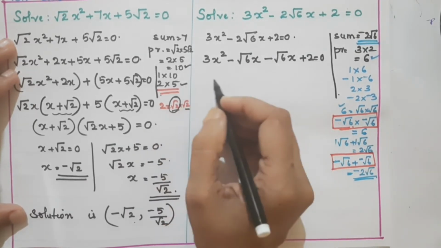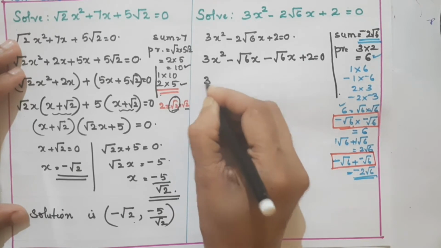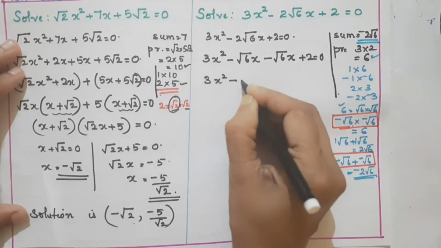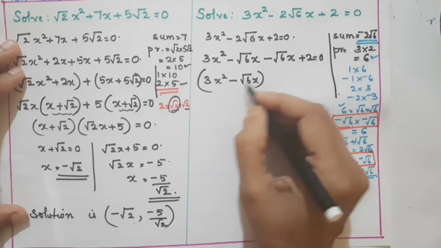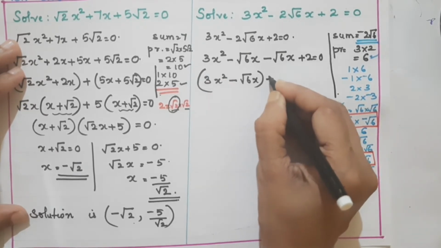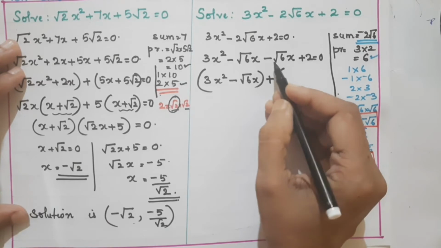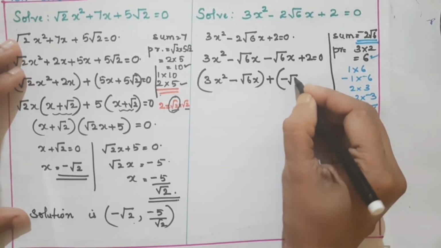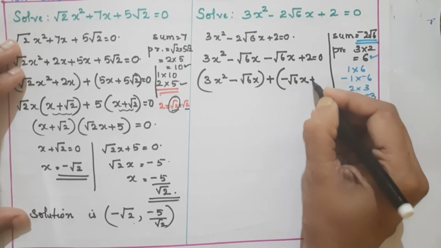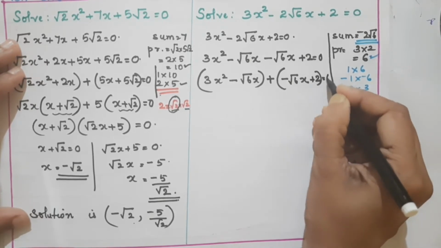Okay, now grouping. 3x square minus root 6x is first group. Then after first group put plus sign. Then second group is, we have to consider this sign, minus root 6x plus 2 equal to 0.